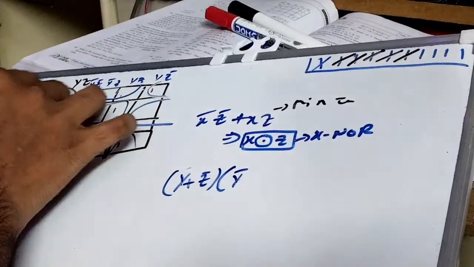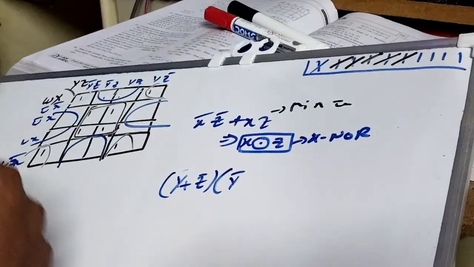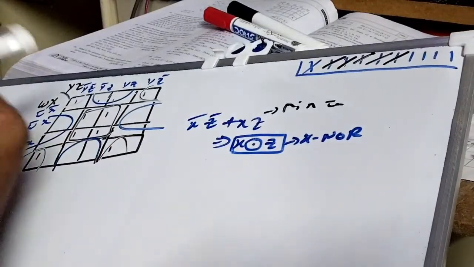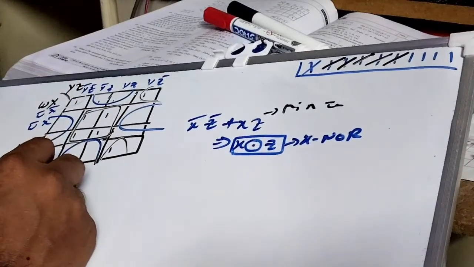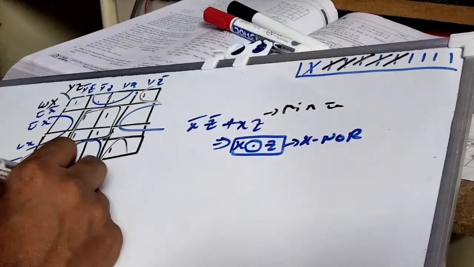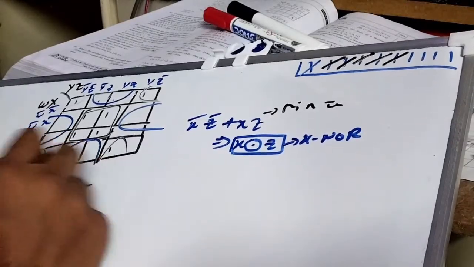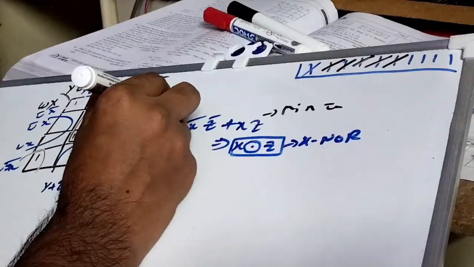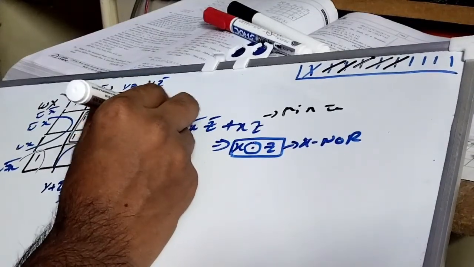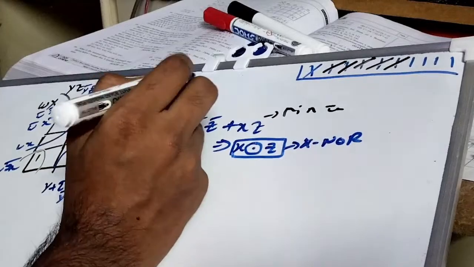These two. This is Y plus Z, meaning Y plus Z bar. This is W plus X bar. This is W bar plus X bar.